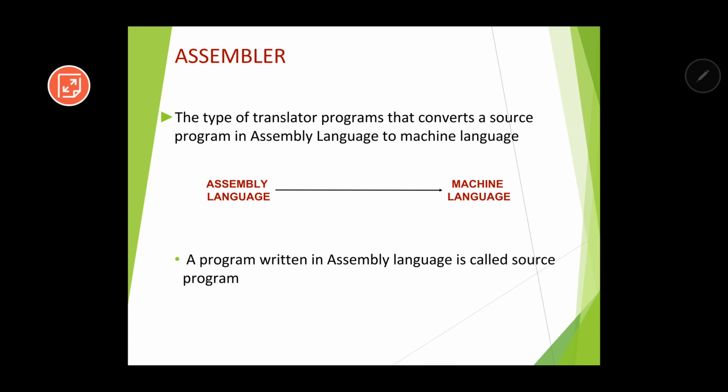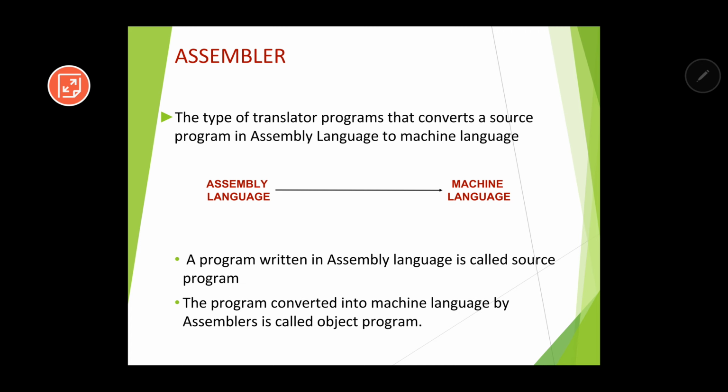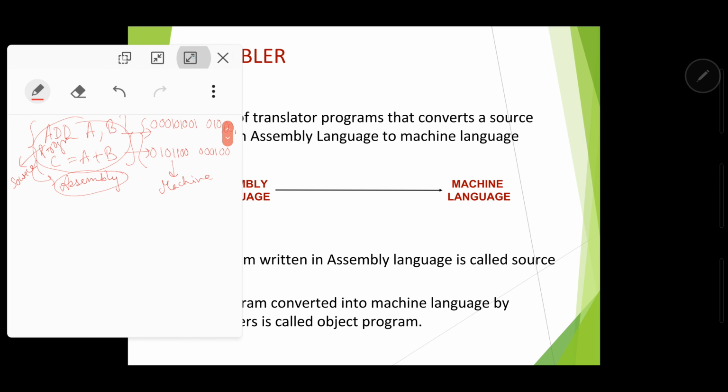Next, a program written in assembly language is called a source program, which I already discussed. What is a source program? Whatever programs we are writing in assembly language are known as source programs. The program converted into machine language by assemblers is called the object program. So the assembler does the conversion from assembly language to machine language.